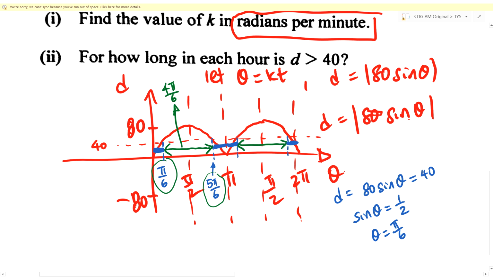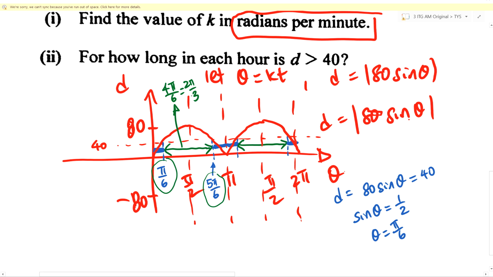This is 4 pi over 6, which we can simplify to 2 pi over 3. This is 2/3 pi out of pi. 2/3 pi out of pi is the proportion when the value for d is more than 40.